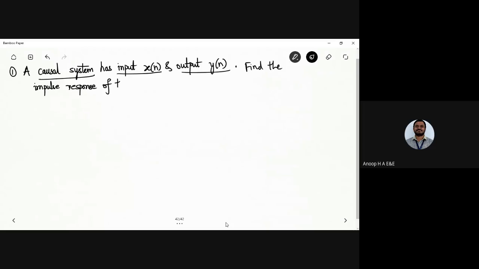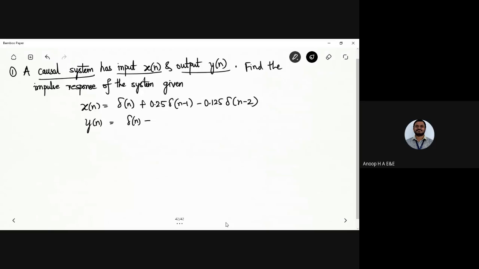Given x of n equal to delta of n plus 0.25 delta of n minus 1 minus 0.125 delta of n minus 2, and y of n equal to delta of n minus 3 by 4 delta of n minus 1.